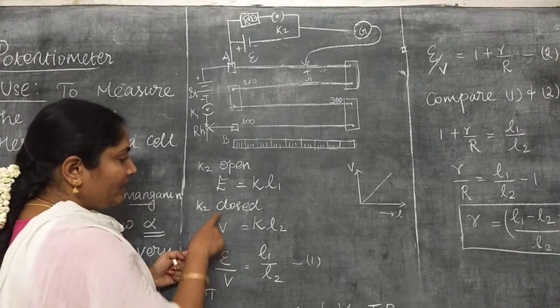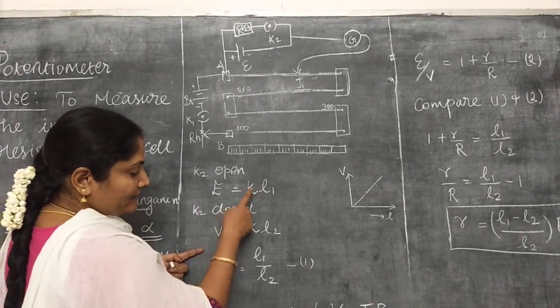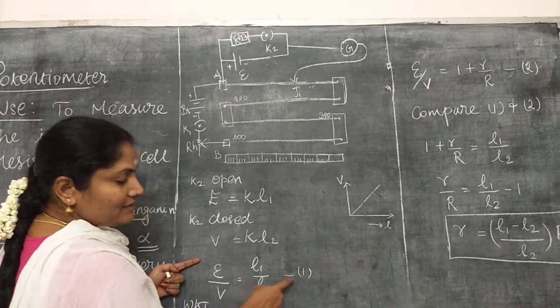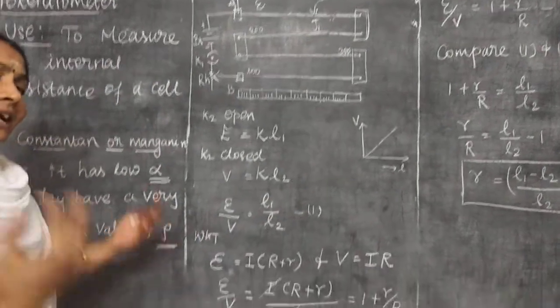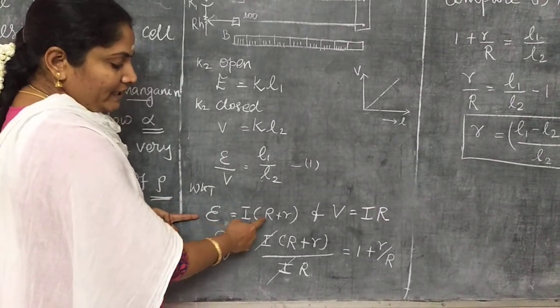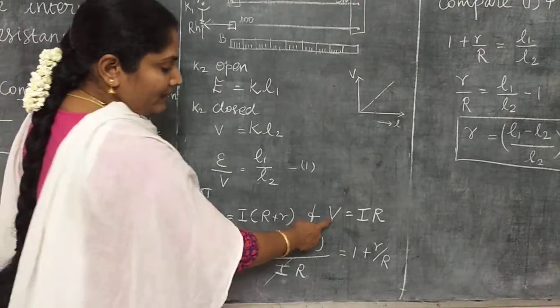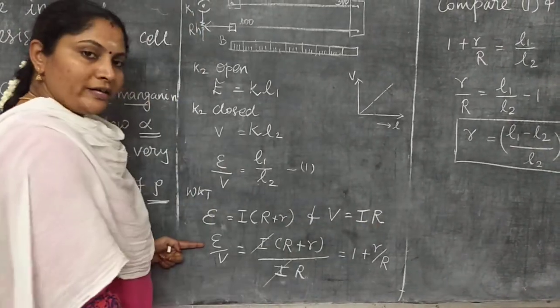Divide these two equations. E by V, K gets cancelled, so E by V equals L1 by L2. This is equation number 1. And already we know that E is equal to I into (R plus r), and V is equal to I into R according to Ohm's law.